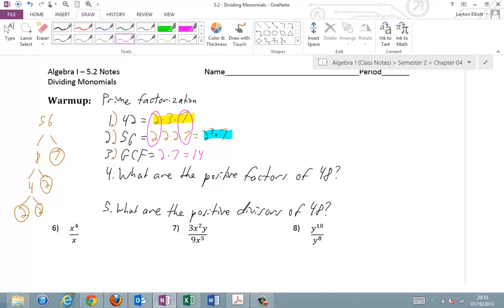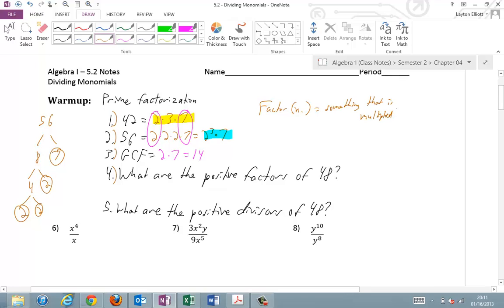Number 4, what are the positive prime factors of 48? Notice how I said positive. Every factor could be duplicated and be a negative. I want to hold on this word factor for a second. We're going to use that many times. Factor, noun: something that is multiplied.